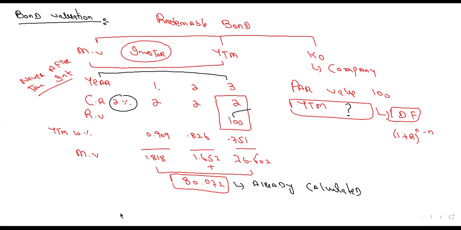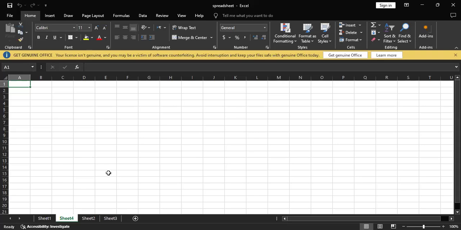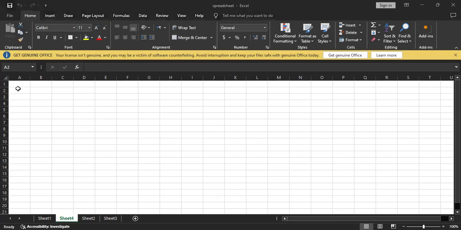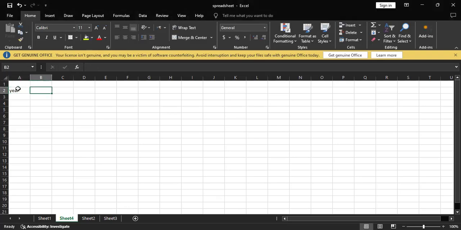Like this is a spreadsheet. Can you see guys the spreadsheet? Can you people see? Tell me. Now, you will state here the years. We already said that the lifespan of the bond is 3 years.